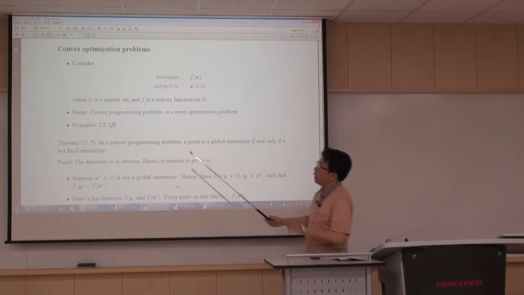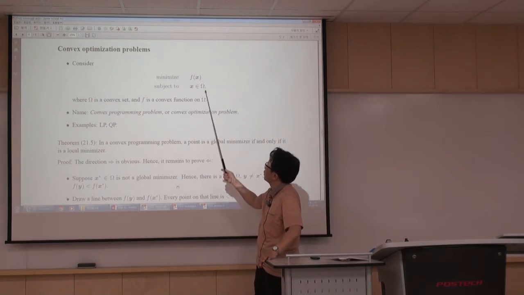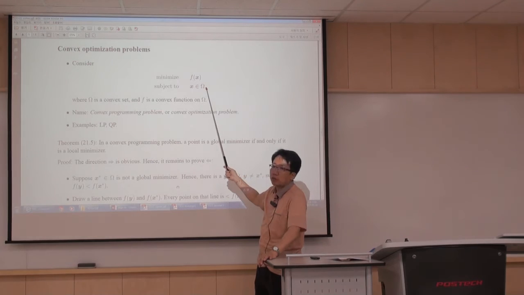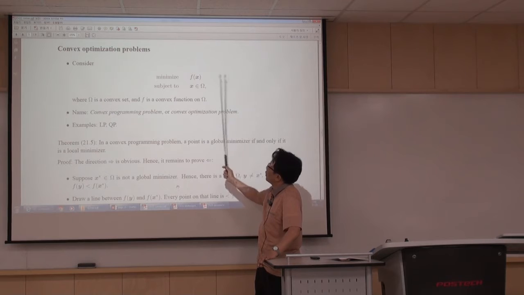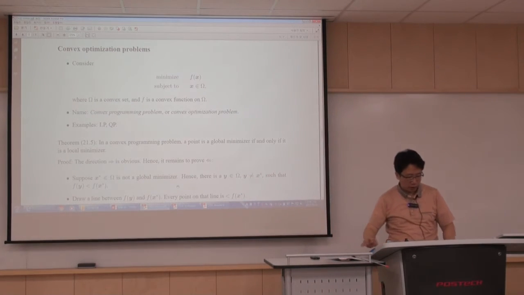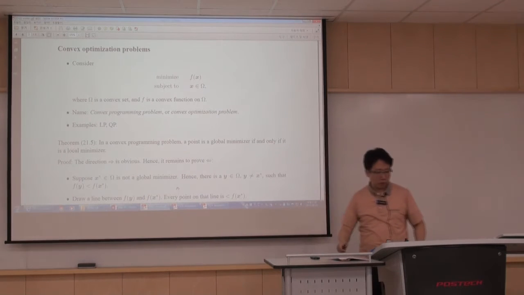So, as I told you, general convex optimization problem is stated like this. Here, this is a convex set. Actually, this intersected with the domain of f. But anyway, convex function defined on the convex constraint set. Sometimes we call this a convex programming problem or convex optimization problem.